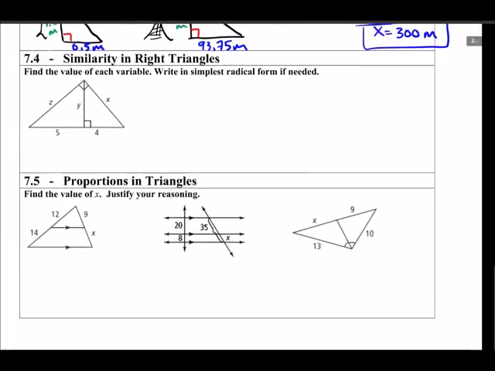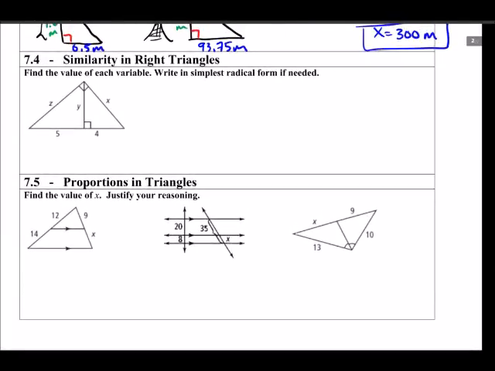All right, 7.4. We're almost done here. Similarity in right triangles. These were formulas. Remember, we had formulas. So the first thing I'm going to do, leg 1, segment 1, altitude.